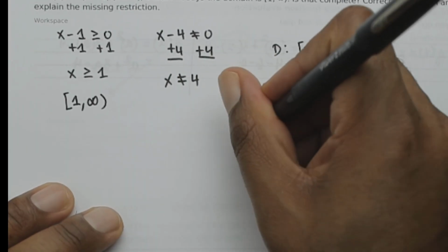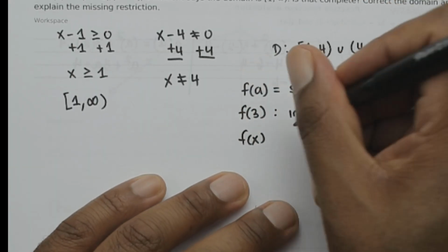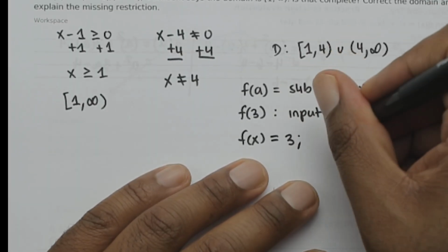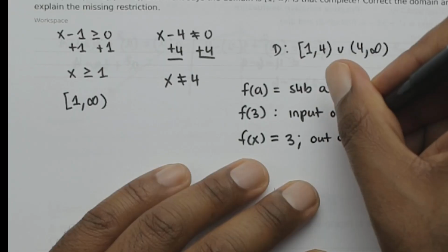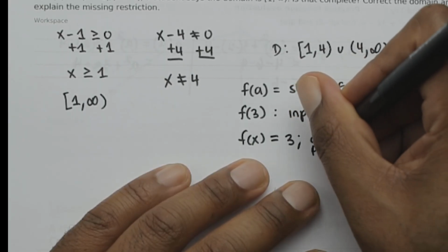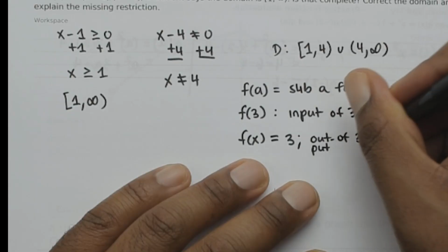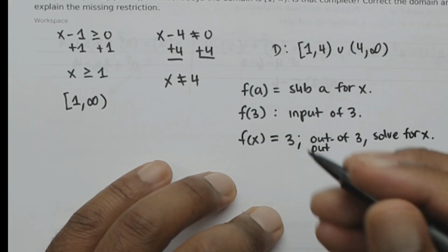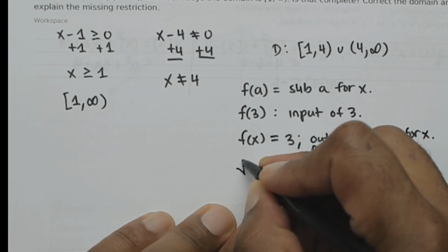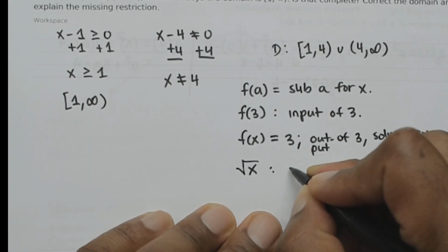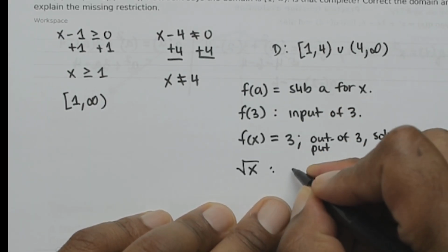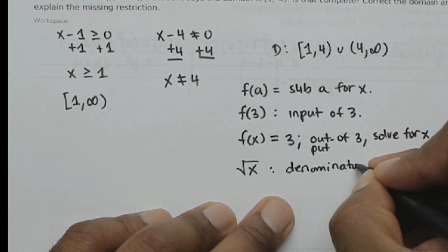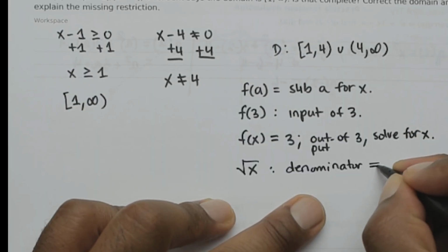We also looked at f of x equaling 3, which means an output of 3, so you need to solve for x. And then we also looked at a function where the denominator is not equal to 0.